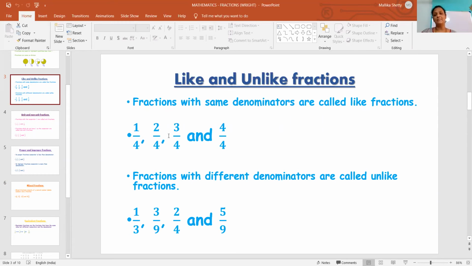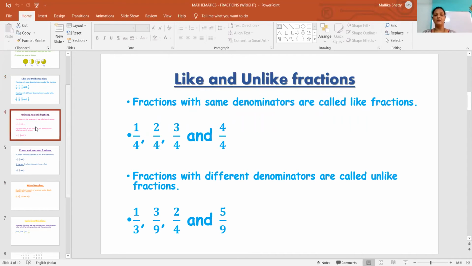As you can see in the examples, they all have different denominators. But still, there are two fractions which we can consider as like. Can anybody tell me which are those? 3 by 9 and 5 by 9.